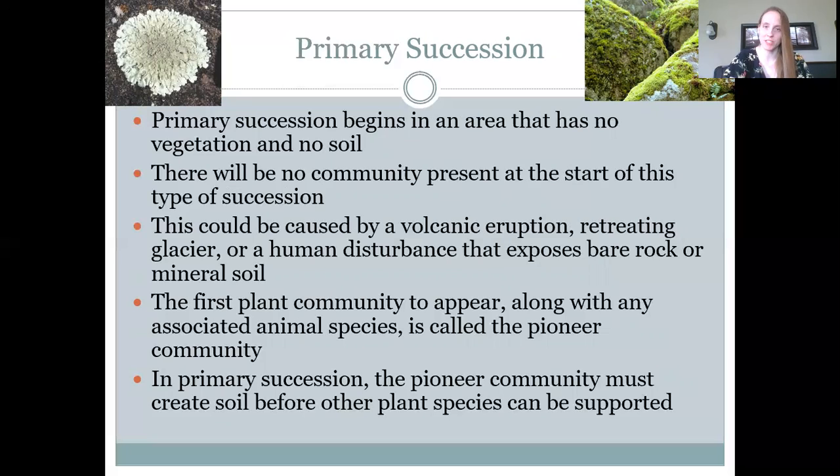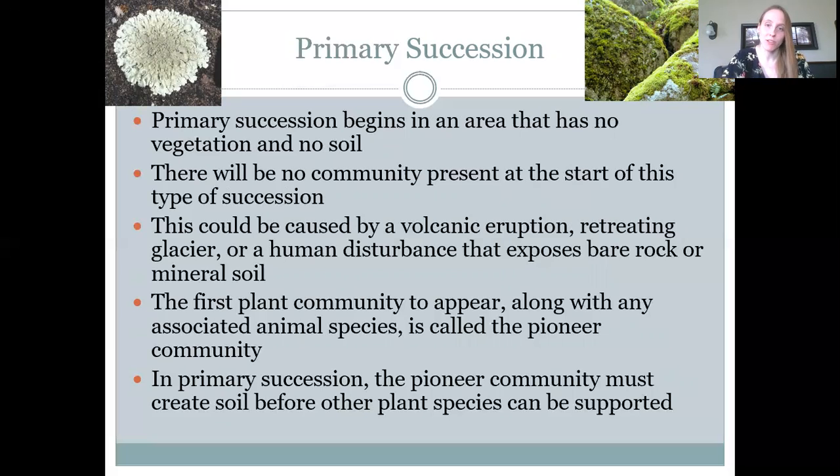So usually the type of disturbance that triggers primary succession would be like a volcanic eruption. So for instance, when Mount St. Helens erupted in the early 1980s, that was in the States for those of you that don't know, a really large area was devastated in that it wiped out trees and it covered the area in ash.